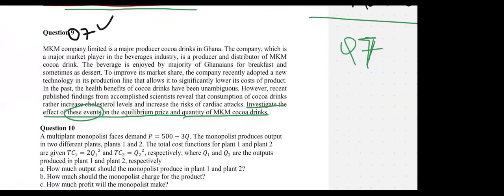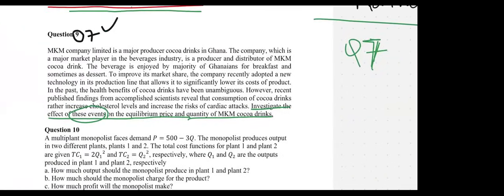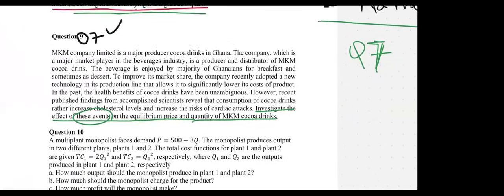So now that I've done all this, I'll begin to read. MKM Company Limited is a major producer of cocoa drinks in Ghana. The company, which is a major market player in the beverages industry, is a producer and distributor of MKM cocoa drink. The beverage is enjoyed by a majority of Ghanaians for breakfast and sometimes as dessert.